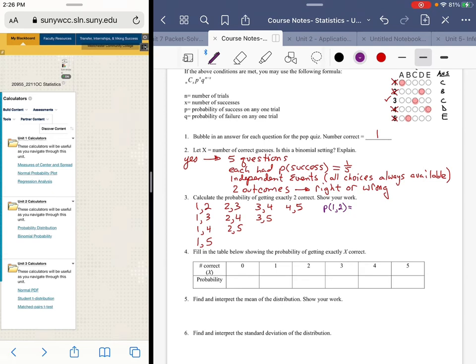If we make a little table here, 1, 2, 3, 4, 5, I'd be saying I got the first 2 correct, but then the remaining ones incorrect. The probability of getting any one question correct would be a 1 in 5 chance. The probability of getting a question incorrect would be 4 in 5.